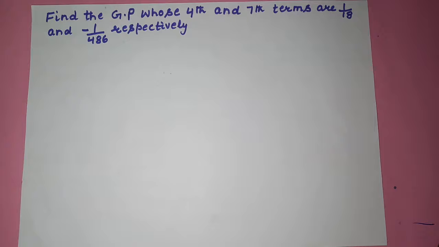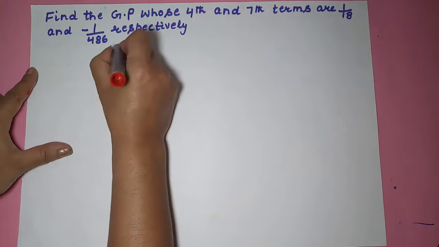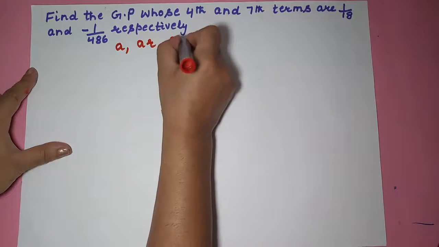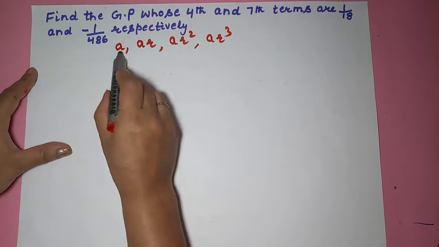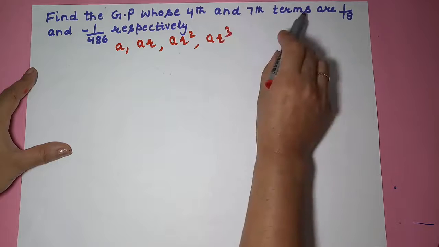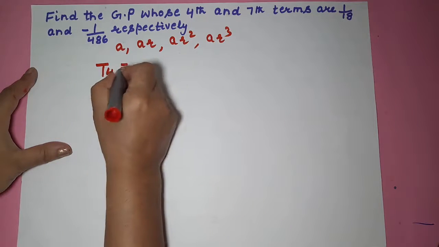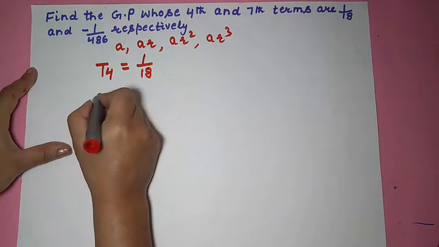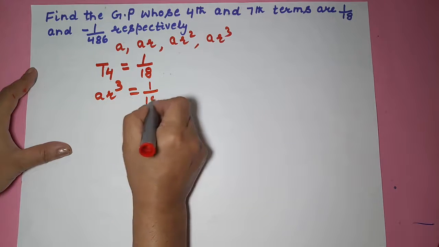One more of this type. Find the GP. Now we have to find the series, which means A, AR, AR square, AR cube. For that we need A and R. Find the GP whose 4th and 7th terms are given. T4 is 1 upon 18, which means AR cube is equal to 1 upon 18.